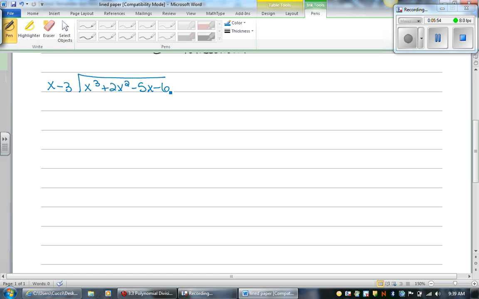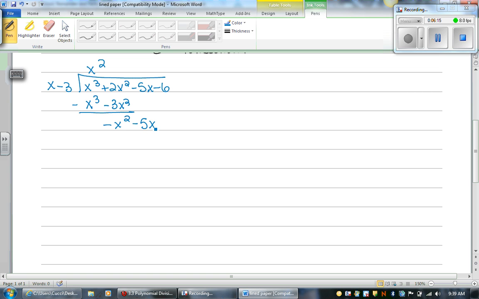Again, how am I going to get x to be x cubed? We're going to multiply it by x squared, distribute it back through, x cubed minus 3x squared, and subtract. Those cancel, and we get 5x squared.